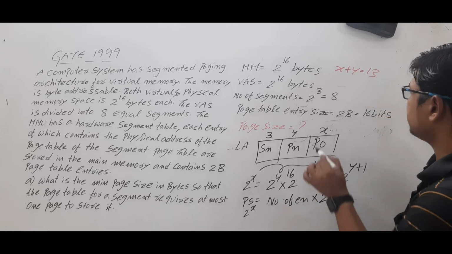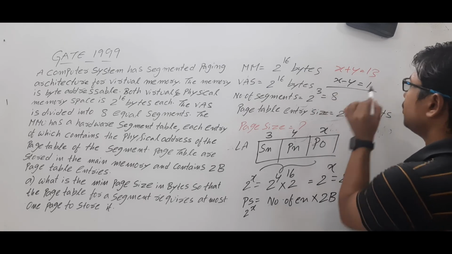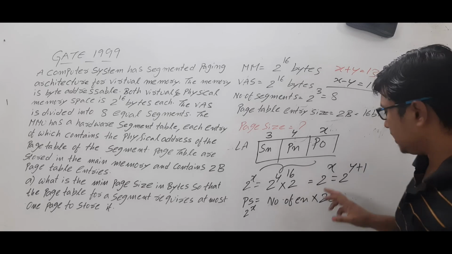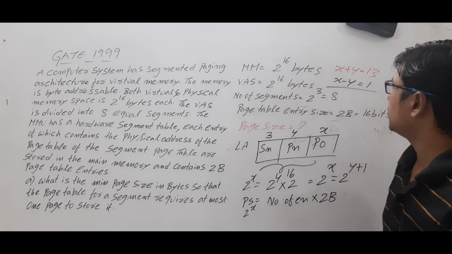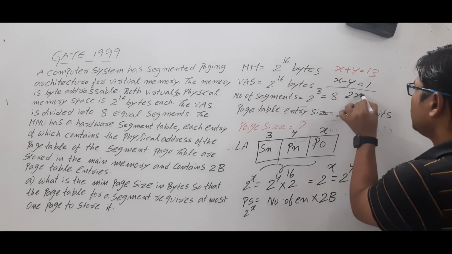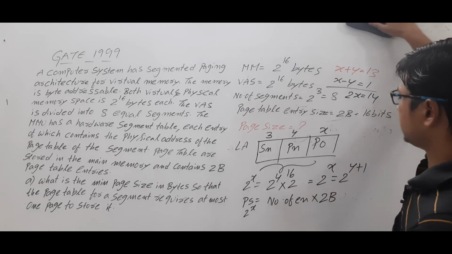So what I can say from here is x minus y is equal to 1. Am I right or wrong? Because x is equal to y plus 1. So x minus y is equal to 1. If I simplify this equation, I will get 2x is equal to 14. So x will be equal to 7.